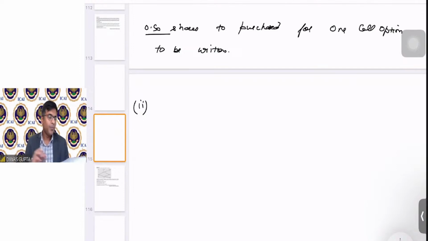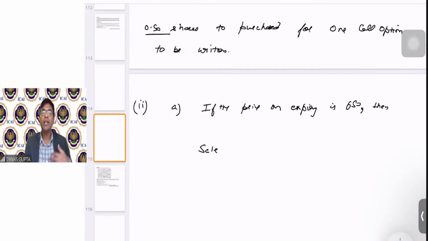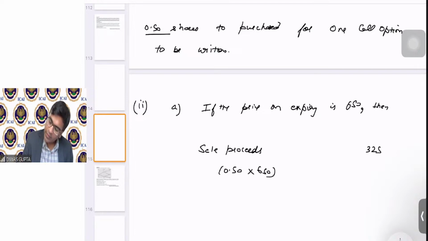Okay. Now, part A: if the price on expiry is 650, then what will happen? Sale proceeds. I am holding 0.5 share, right? So I will take sale proceeds of 0.50 into 650, which is 325.